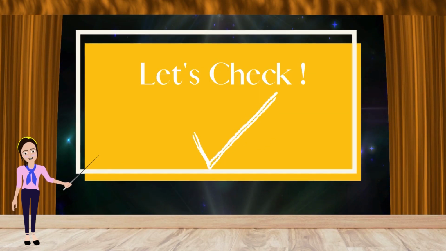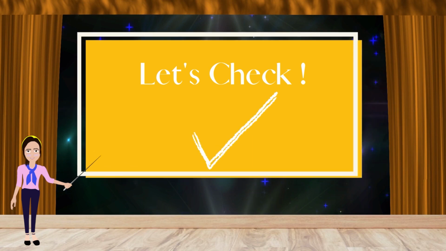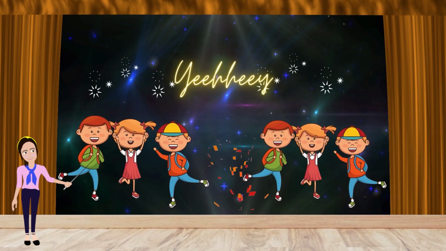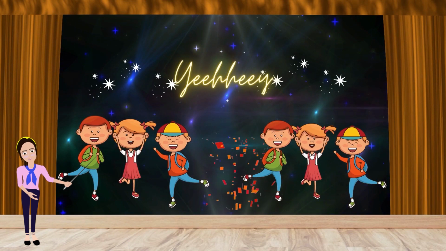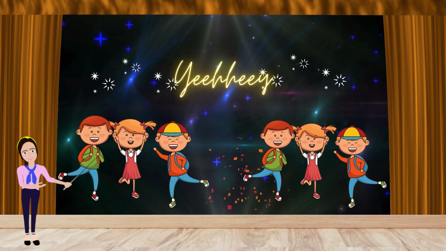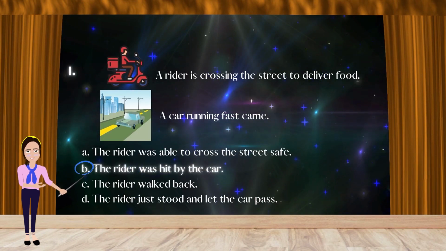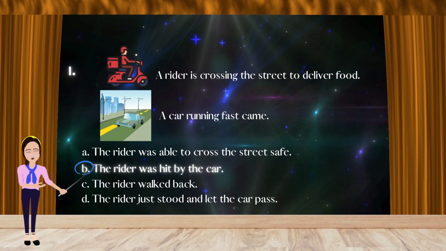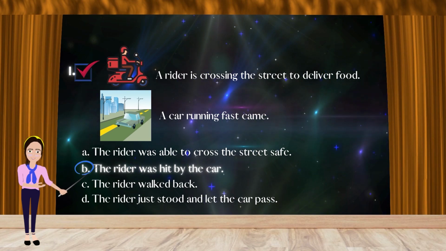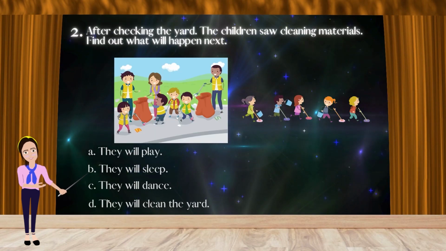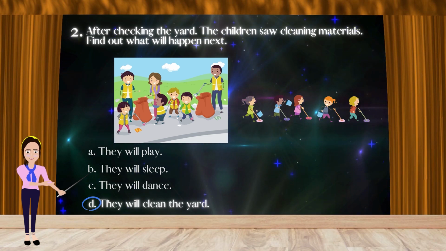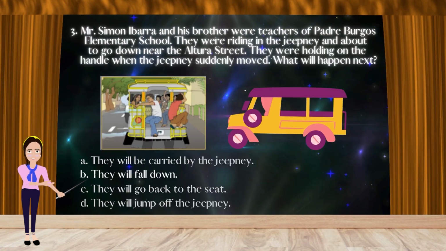Now let us try to check your answers. Number 1, the correct answer is letter B. The rider was hit by the car. Number 2, the correct answer is letter D. They will clean the yard.